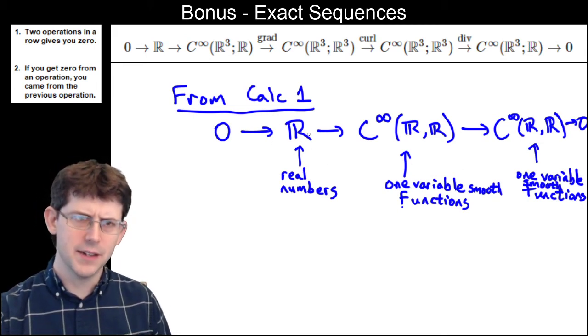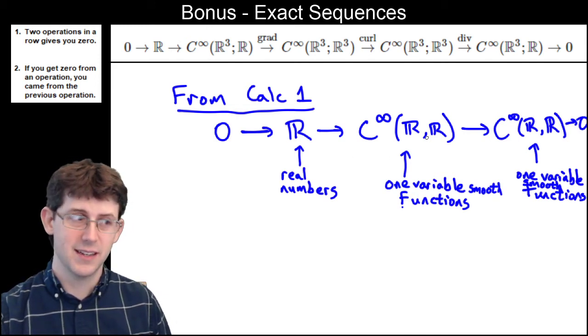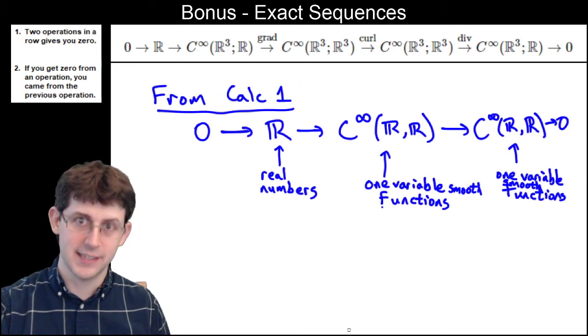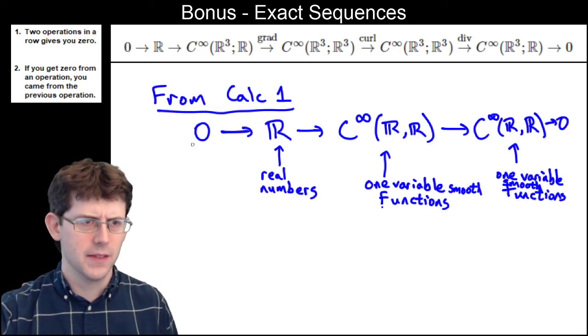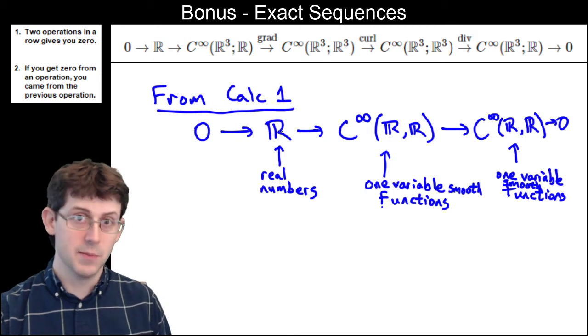If you have a real number, following this arrow means you're supposed to take the real number, like 6, and turn it into a function. Is there a function called 6? Yes, it's just the function y equals 6. So this is just 0 sitting by itself. You could take 0 and land in the real numbers.